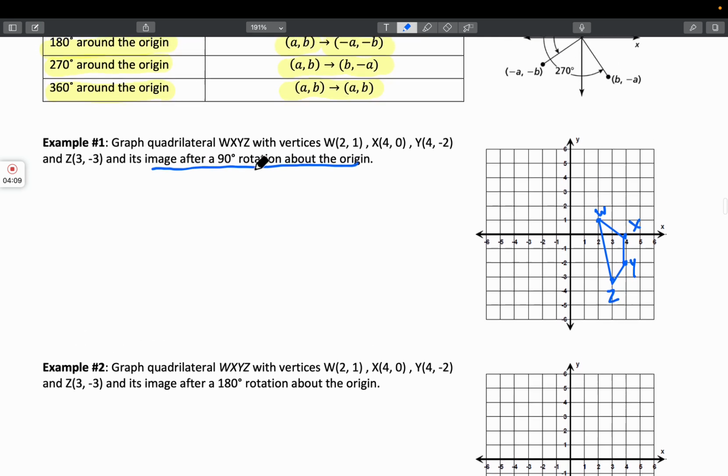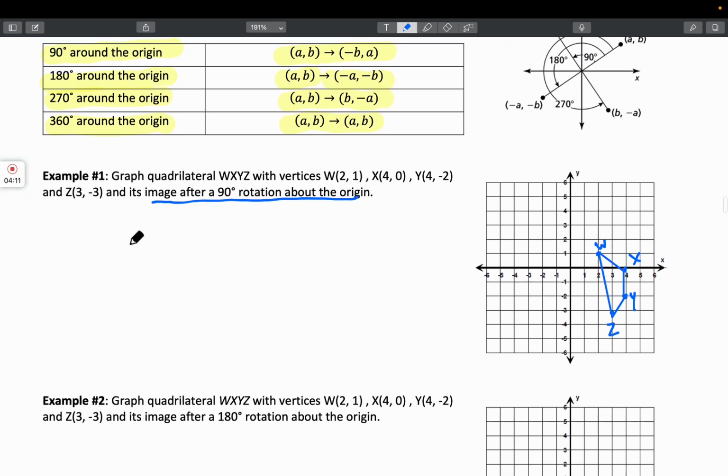It's easy to do this by setting up a nice little T table where you have your pre-image coordinates, W, X, Y, and Z. W is (2, 1). X is (4, 0). Y is (4, negative 2). And Z is (3, negative 3). Now remember, our rule up here says we're going to take all of those (x, y) coordinates, they're going to switch positions, and that new x coordinate, which was your former y coordinate, is going to change value.